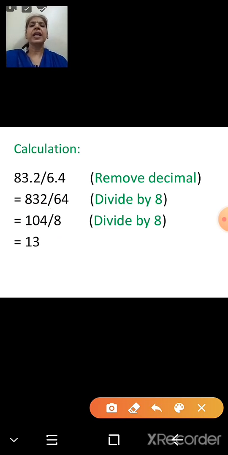So 832 divided by 64 becomes 104 divided by 8. Again divide 104 by 8. 8 ones are 8, then 10 minus 8, 24, that is 3 eights. This way, children, you can do the calculation orally or by dividing. This is how we got the answer 13.